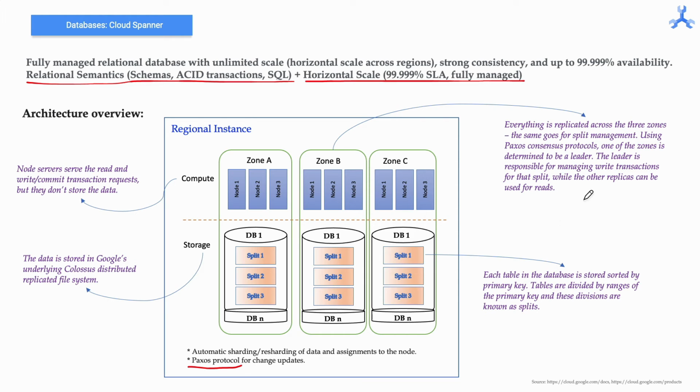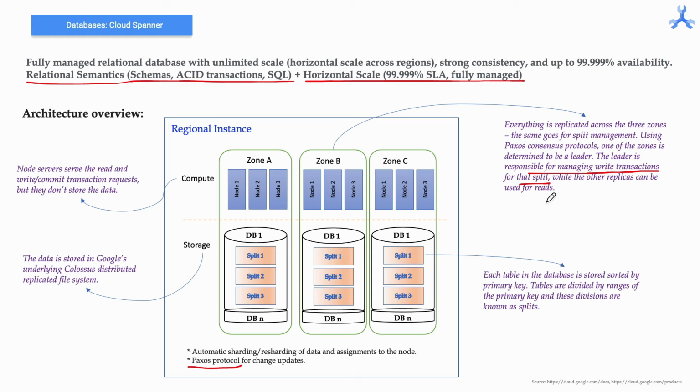And the leader is responsible for managing write transactions for that split, while the other replicas can be used for reads. And this is exactly how Cloud Spanner achieves that kind of scalability, because it has that leader node which is responsible for writes, and all of the reads get directed to follower nodes. So I hope this was useful.